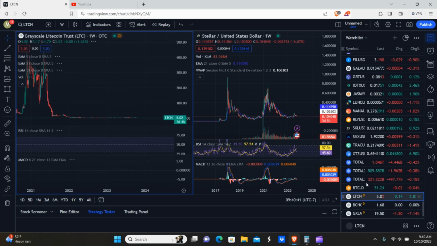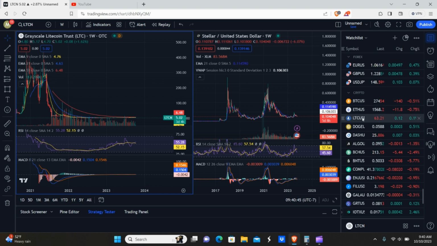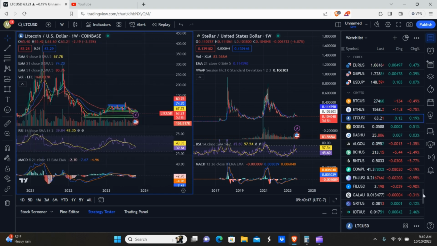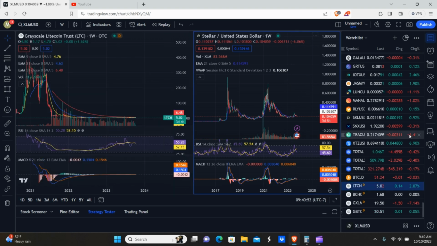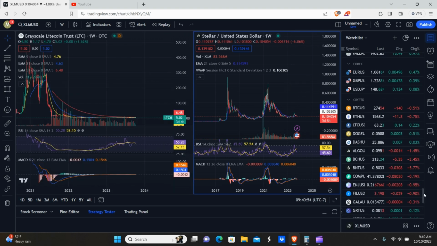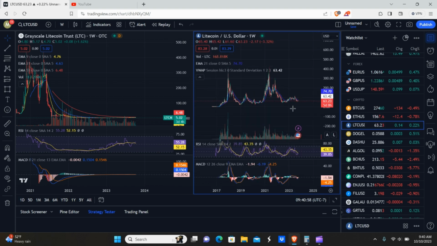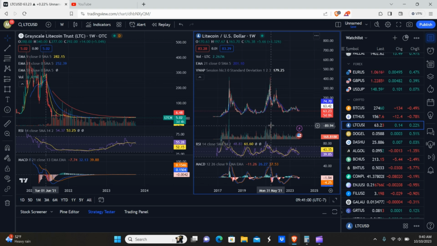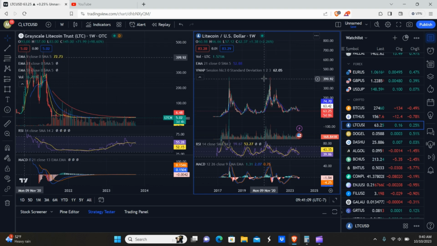And again, one more time to reiterate, the reason being is with crypto, we're doing basically a side-by-side comparison between the trust and the native cryptocurrency. Because if we're going to invest our money, we want to get the maximum potential return out of whatever we're investing into. As you guys can see here with Litecoin, the current price is about $60.